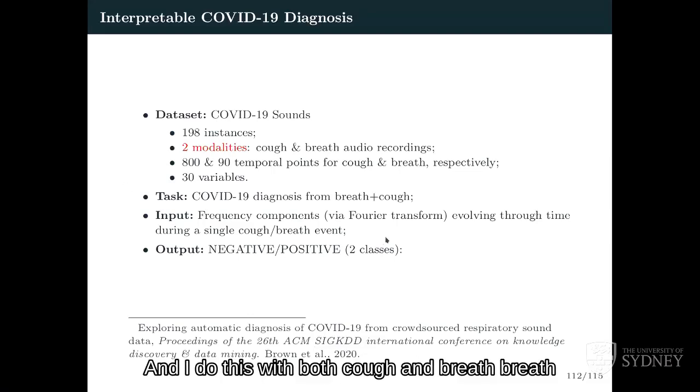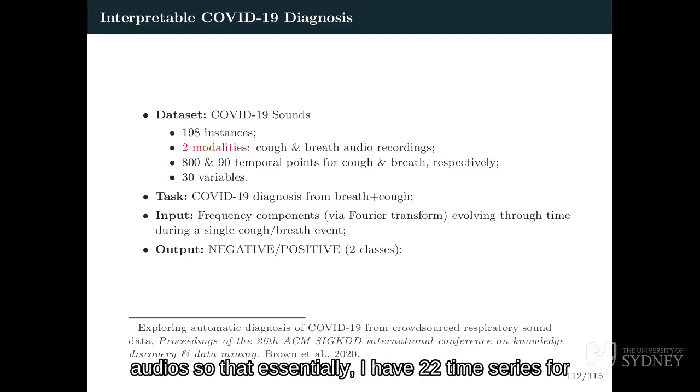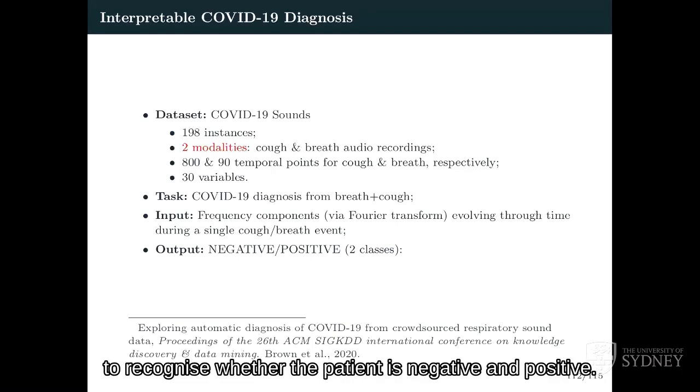And I do this with both cough and breath audios, so that essentially I have two time series for each patient. And of course, the task is to recognize whether the patient is negative or positive.